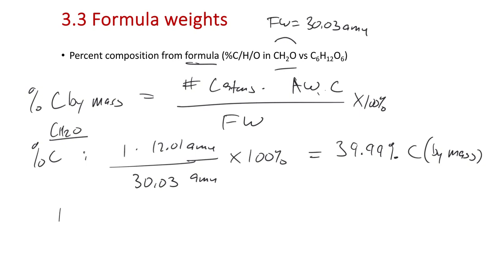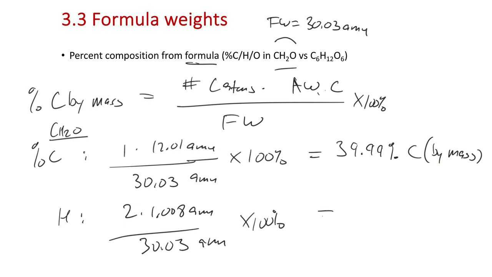The percent by mass of hydrogen would be the 2 hydrogens times 1.008 AMU divided by 30.03 times 100%. So hydrogen's light, so this isn't much of the sample.